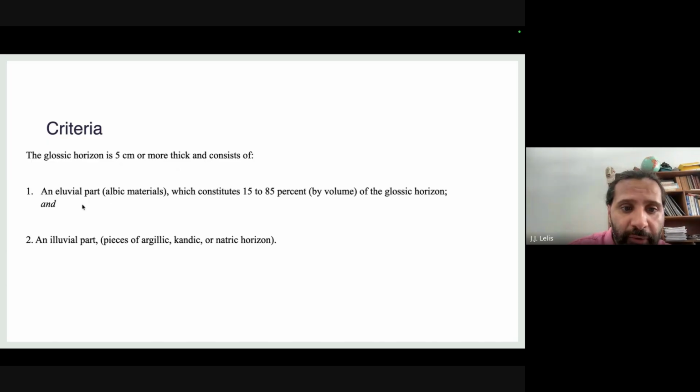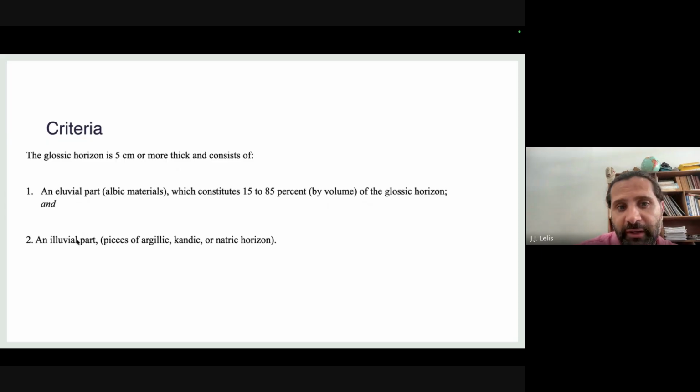And these albic materials should constitute between 15 and 85% by volume of the glossic horizon. So the glossic horizon basically presents a high content of albic materials and an illuvial part of horizon that expresses clay migration, a higher content of clay, and this could be an argic, a cambic, or a natric horizon. So you can see that the glossic horizon should be connected between eluvial and illuvial parts, between an E and a B horizon.